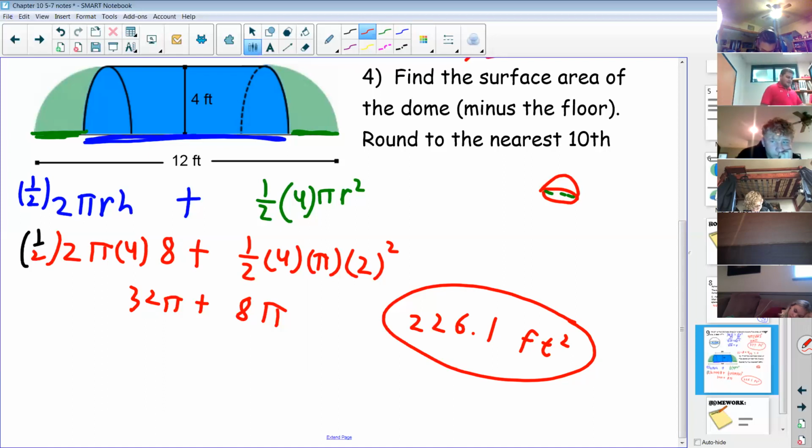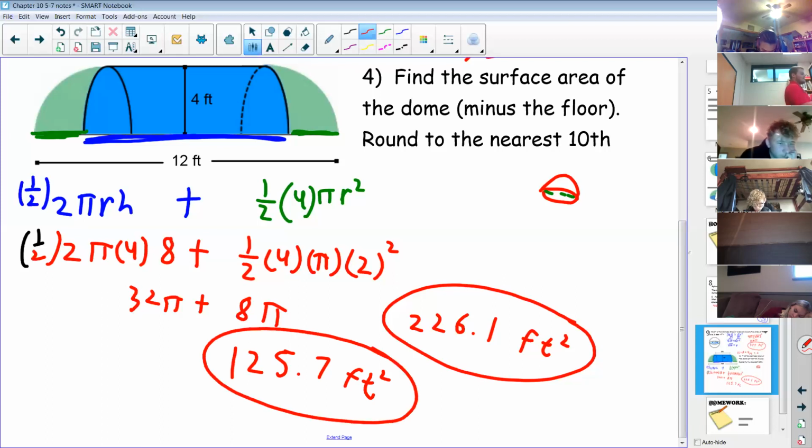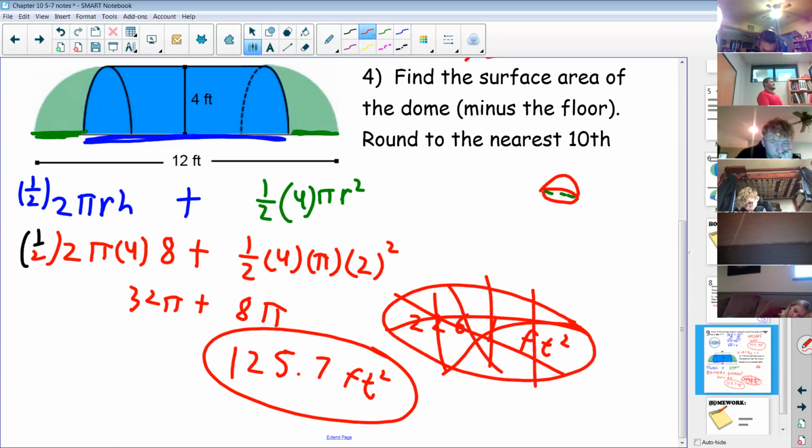Still different from what I got the first time. 125.7. And this will be feet squared. There we go. That answer was wrong because I forgot to divide my cylinder by 2, because it's only half of a cylinder and not a whole cylinder.